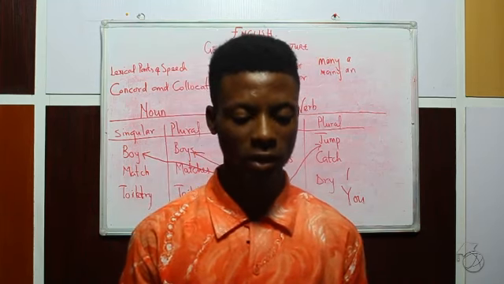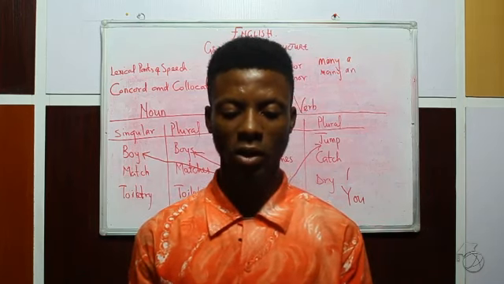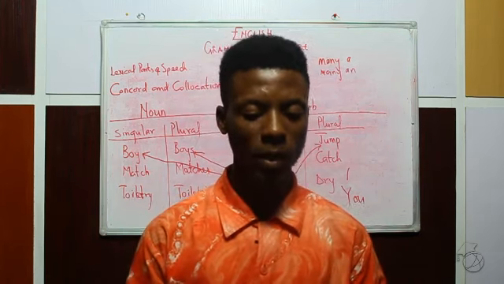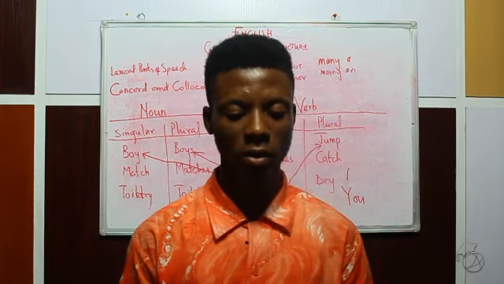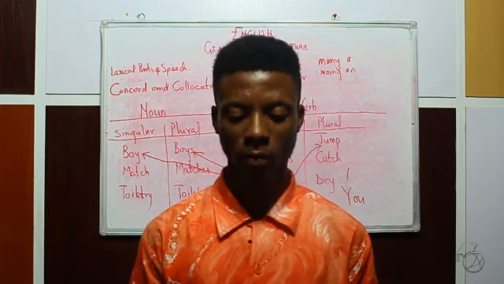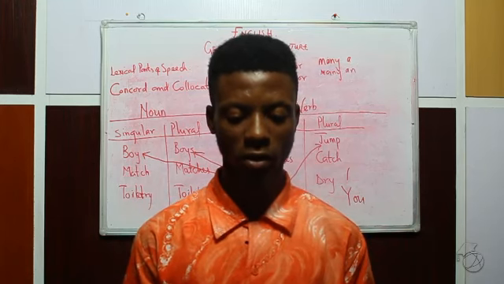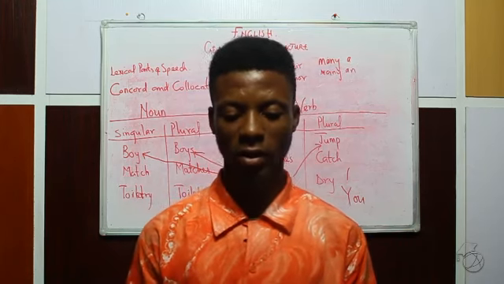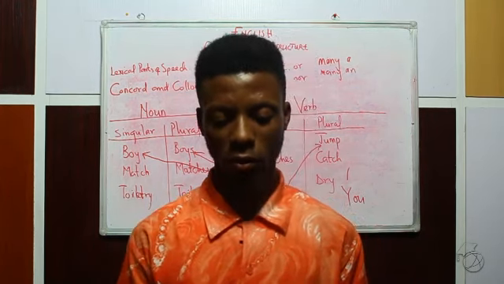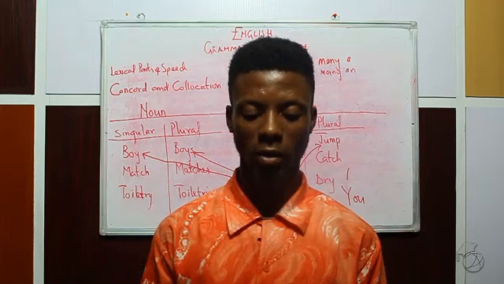Plural nouns relating to time include seconds, minutes, hours, days, weeks, months, years, etc. Plural nouns relating to distance include meters, kilometers, miles, etc. Plural nouns relating to money include dollars, naira, shillings, pounds, etc. Plural nouns relating to measurement include grams, kilograms, yards, liters, etc.